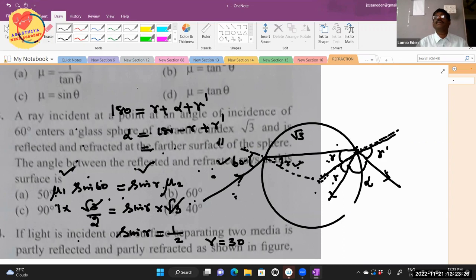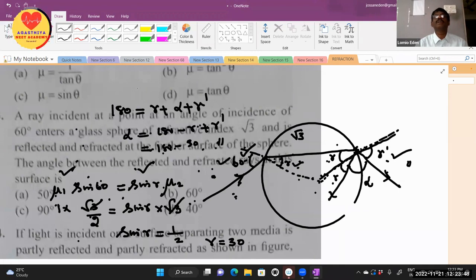On the left hand side and the right hand side are the same medium here. Therefore, this angle of incidence should be equal to the angle of refraction on the outer side. Substitute the value. R is 30.